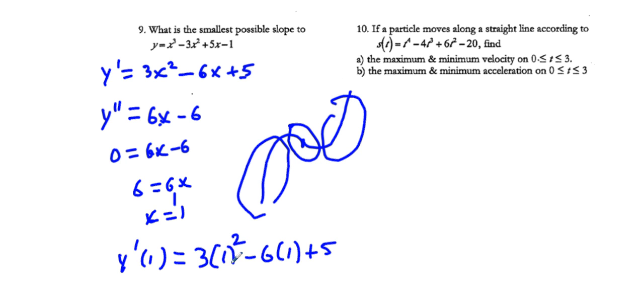We have 3 times 1 squared, that's going to be 3 minus 6 plus 5, which is negative 3 plus 5, equals 2. That's going to be our smallest slope.